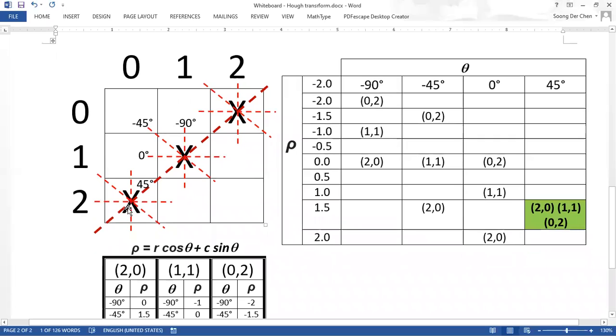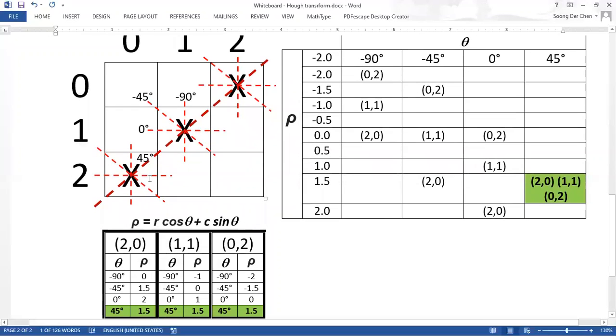For example, for the point 20, we list the lines at 90 degrees, negative 90 degrees, negative 45 degrees, 0 degrees. So we list all the lines of different orientations, from negative 90 all the way to 90 degrees, a full cycle. You will notice that there is one line which passes through all the three.